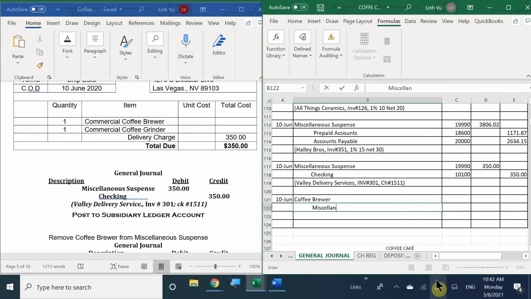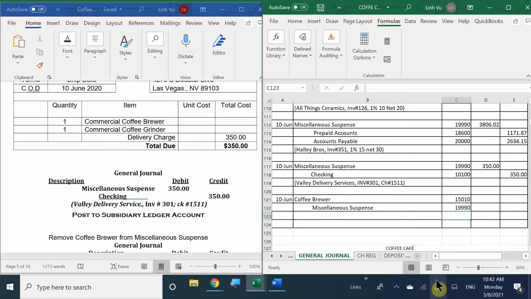And we're moving it out of miscellaneous suspense. So we're going to take it away from miscellaneous suspense. Okay? So as you said right there, it was 15010. Okay? 15010. And then we have miscellaneous suspense as 1990.